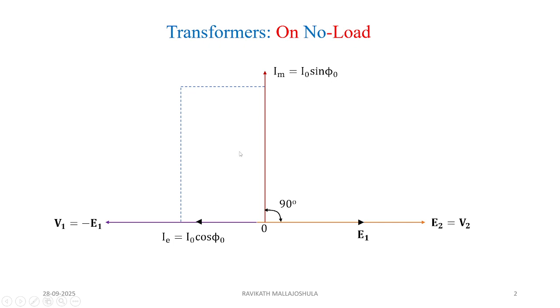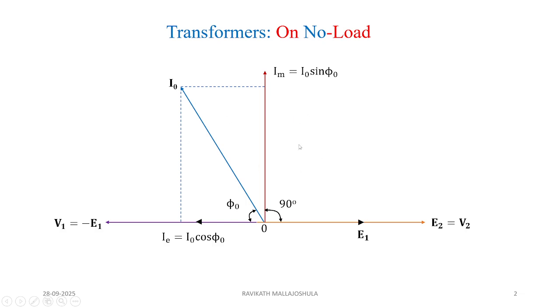With the help of these two, we can get the value of no load current, which is nothing but I0. Now this current is at angle phi naught with respect to the input voltage or the primary winding.